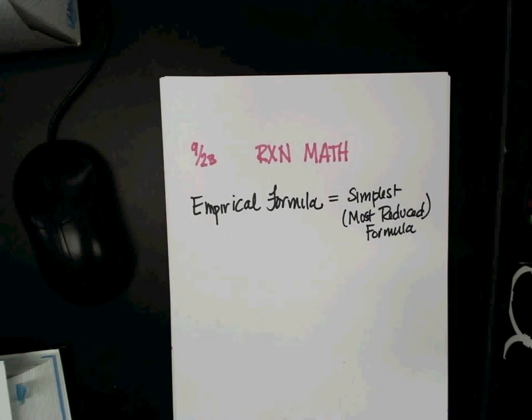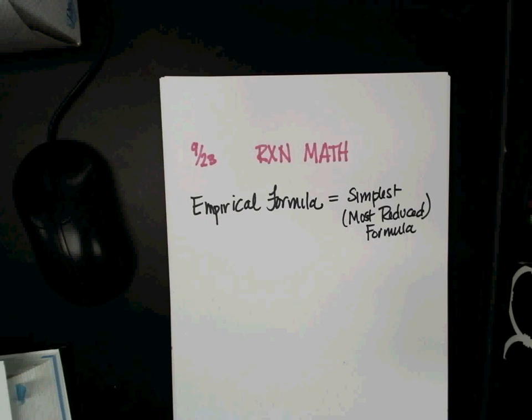Did you say it, Luke? Maybe. He doesn't want to answer this question. Why is an ionic compound always an empirical formula? What's the goal of an ionic compound? Yeah, to be neutral. So when I'm neutral, I should be in empirical form if I'm an ionic compound.